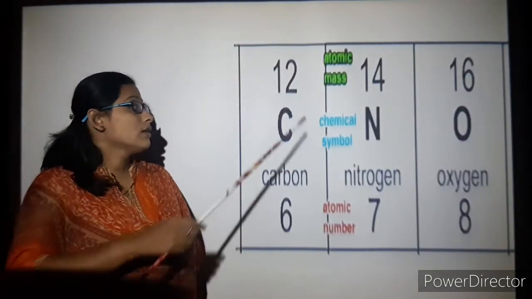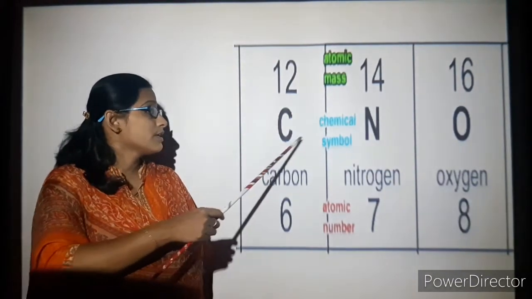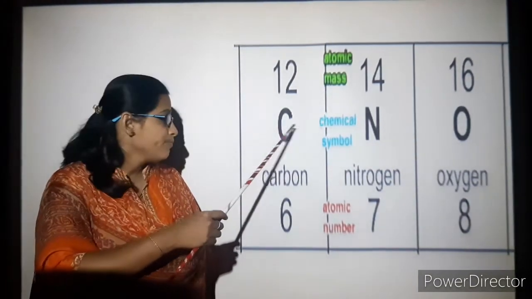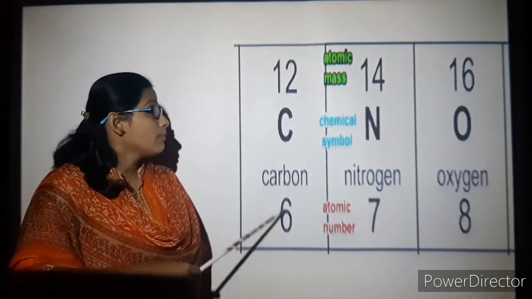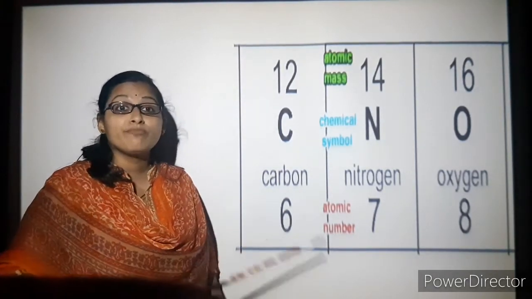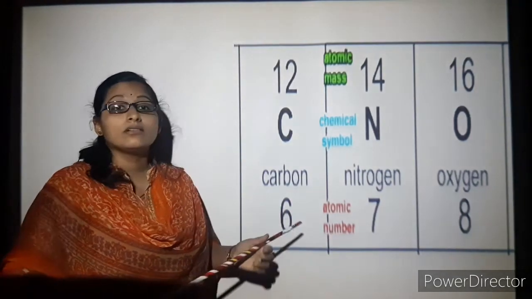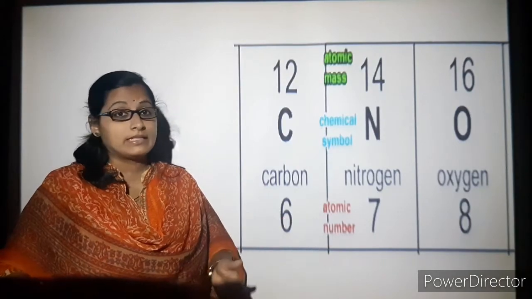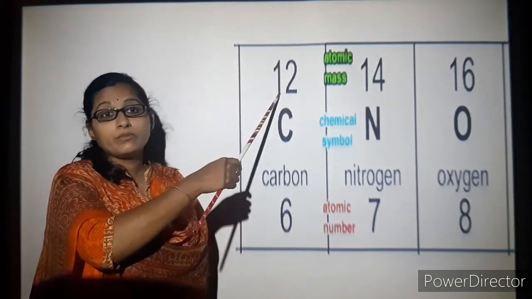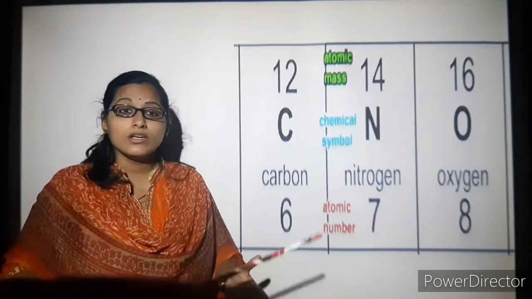So here, let's take the example of carbon. Its chemical symbol is C, and the atomic number of carbon is 6. Why 6? Because the number of protons in the nucleus is 6, and the number of neutrons also will be 6. Then how much will be the atomic mass number? It will be 12, that is 6 plus 6 is 12.